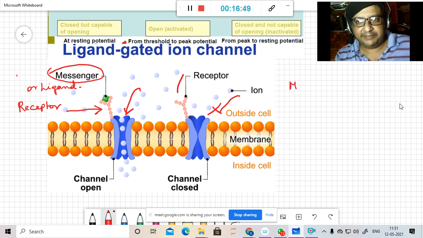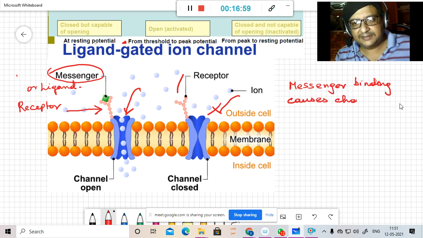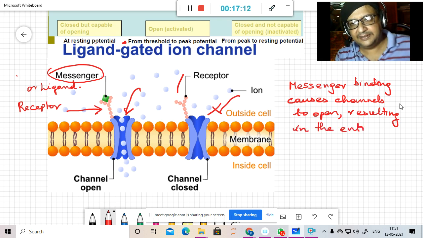So messenger binding causes channels to open, resulting in the entry of ions.